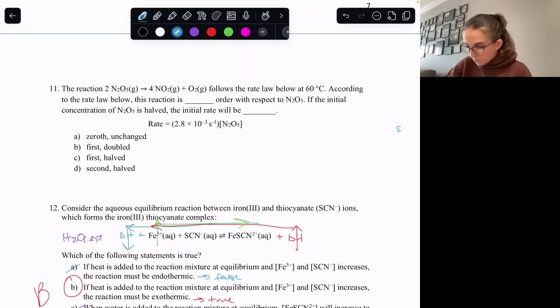Here we know that our order is determined by the exponent that's here. If there's no exponent, that means it is a 1. So if we have a 1 as our exponent, what is our order for that reactant?